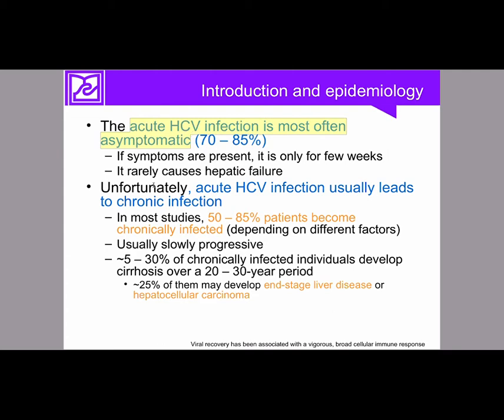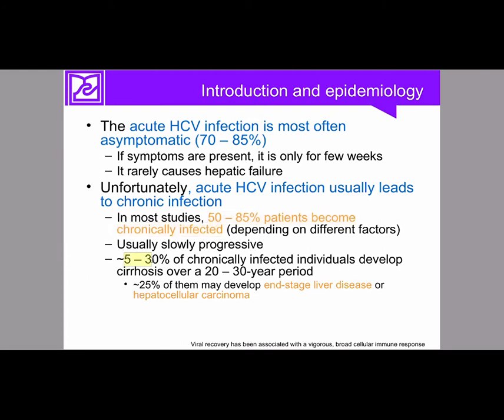However, unfortunately, patients infected with hepatitis C virus, most of them will become chronically infected. Most of them. This is the problem. We don't know exactly how many, but most of them. Between 50 to 85% of people infected will become chronically infected.